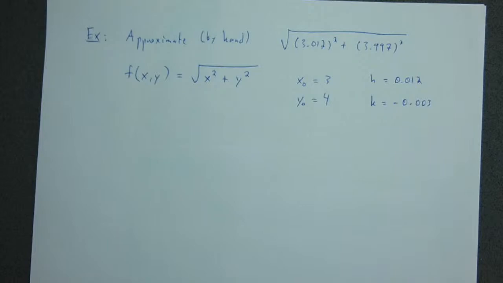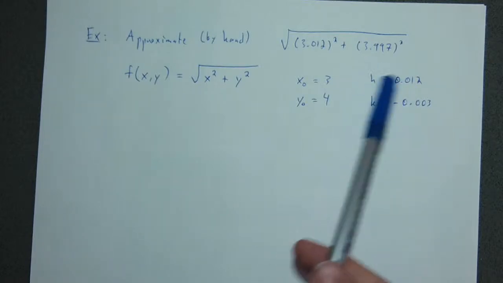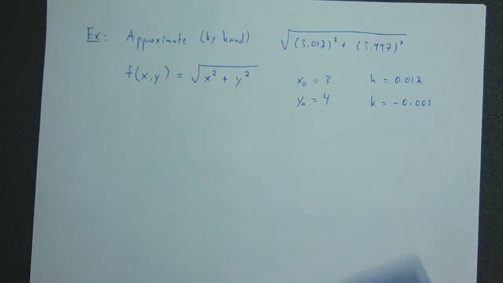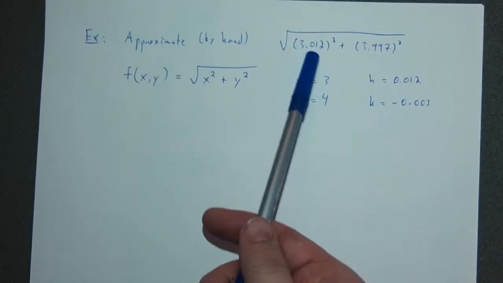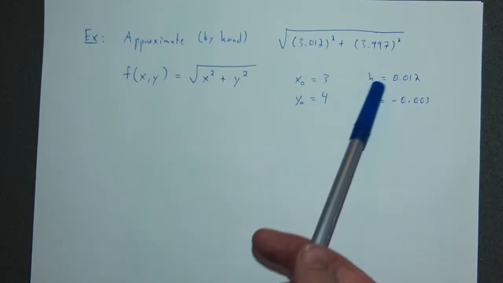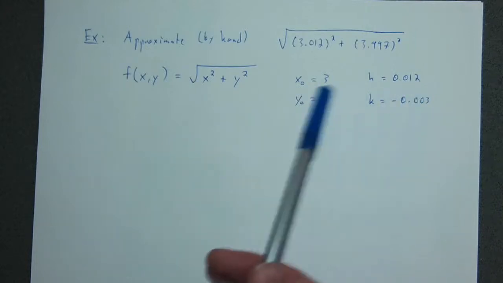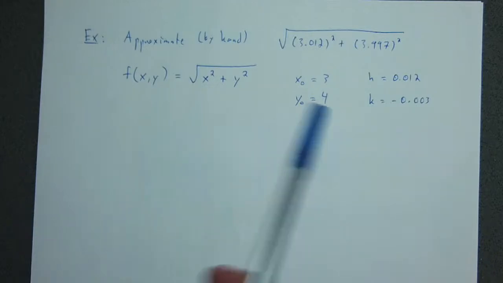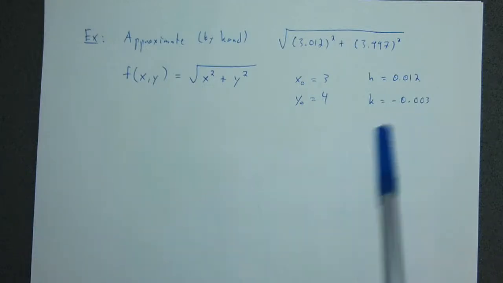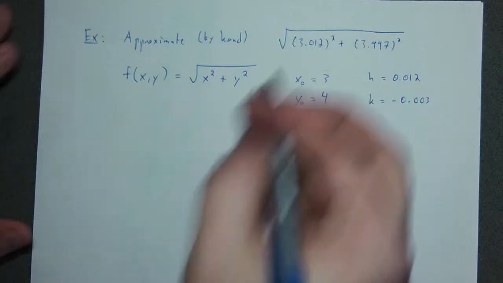Okay. All right. It's just h and k are whatever you need them to be. They're whatever tiny little value you have added or subtracted to the nice values. All right. So the nice value here is 3, and the difference between 3 and 3.012 is you've added this little 0.012 to 3. And the difference between 3.997 and 4 is you have subtracted this little tiny 0.003 from 4.